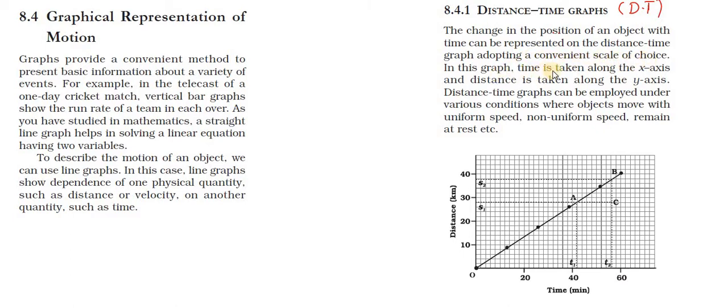In this graph, time is taken along the x-axis and distance along the y-axis. The distance-time graph can be employed under various conditions where objects move with uniform speed, non-uniform speed, remain at rest, etc.